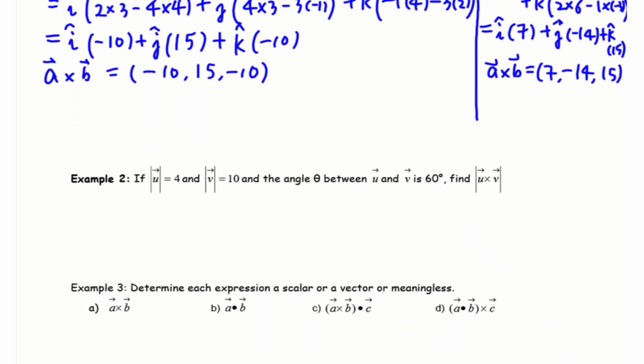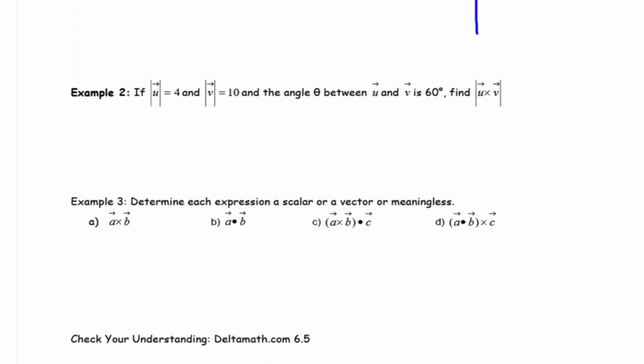Now we are going to use another cross product formula. This is kind of like the area of a parallelogram. So |u||v| sine theta. Cosine theta is for the dot product. So sine theta is height times base for the area.